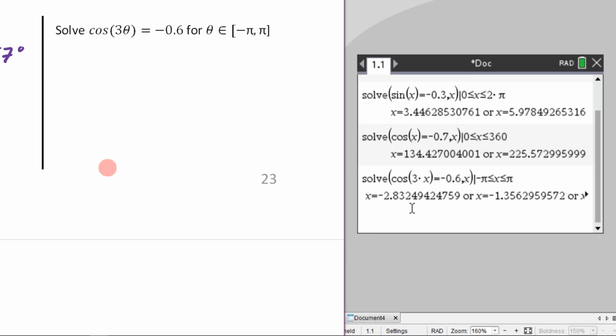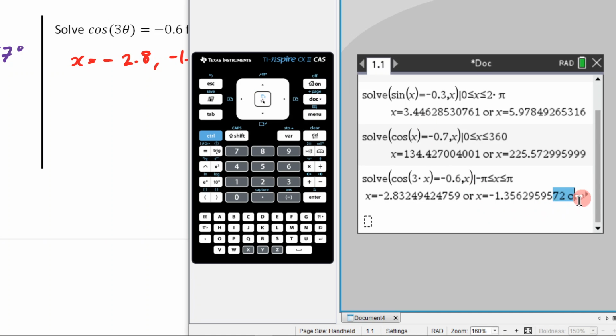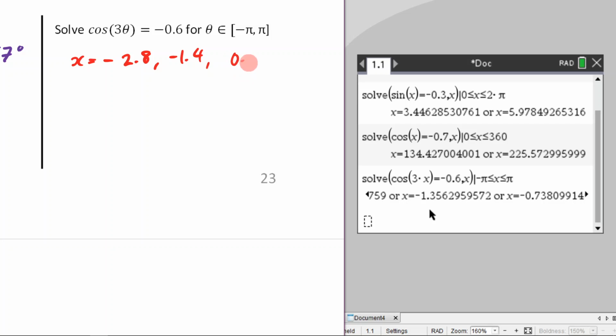So we're going to get x is equal to negative 2.8 or negative 1.4. I'm just rounding to one decimal. Negative 0.7.